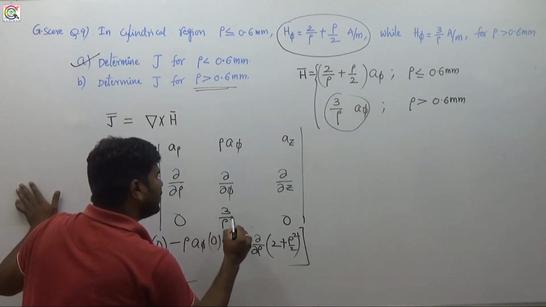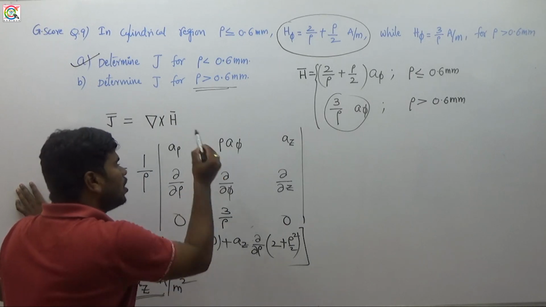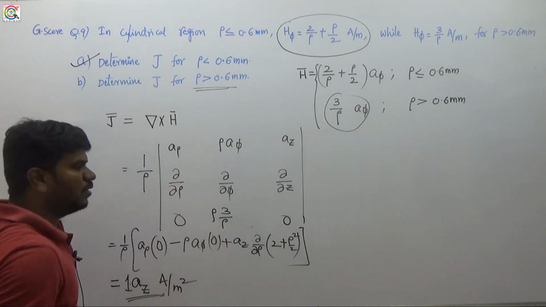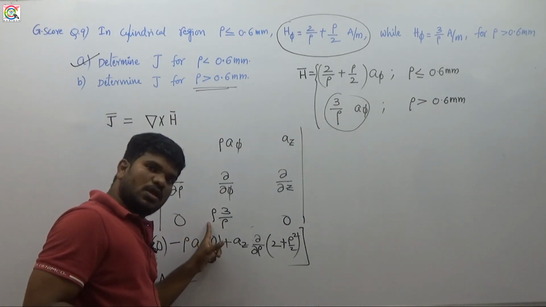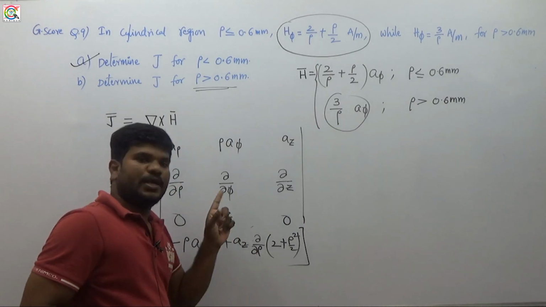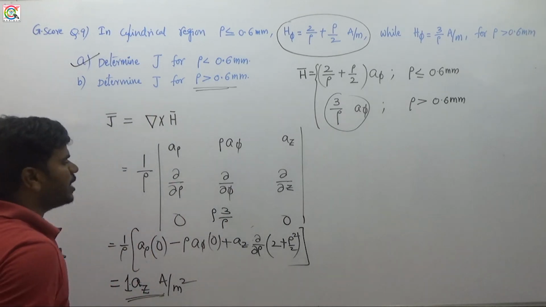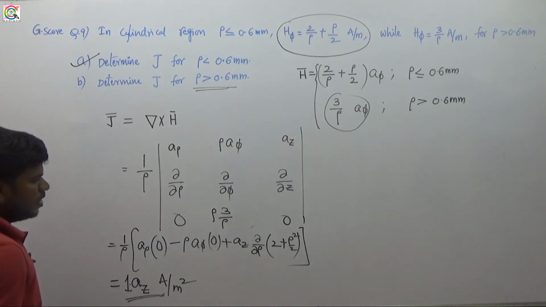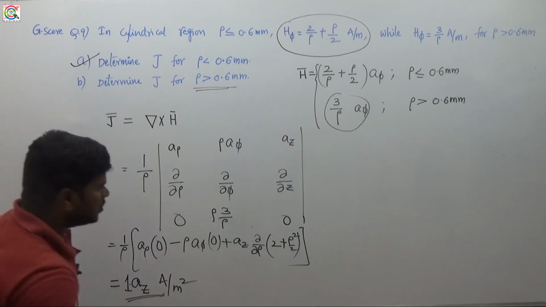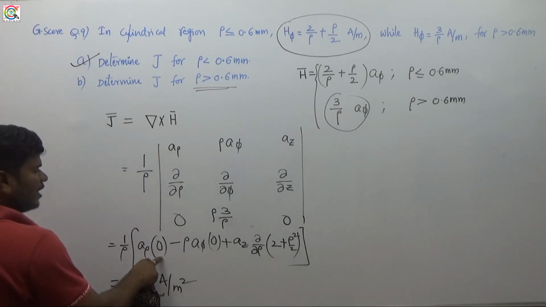So 3 divided by rho into rho. Okay, because H2, the scaling factor into the H phi component I have to write. Okay, scaling factor into H phi component. So while you are writing, so how much you will get? So anyhow it is 0, it is also 0.